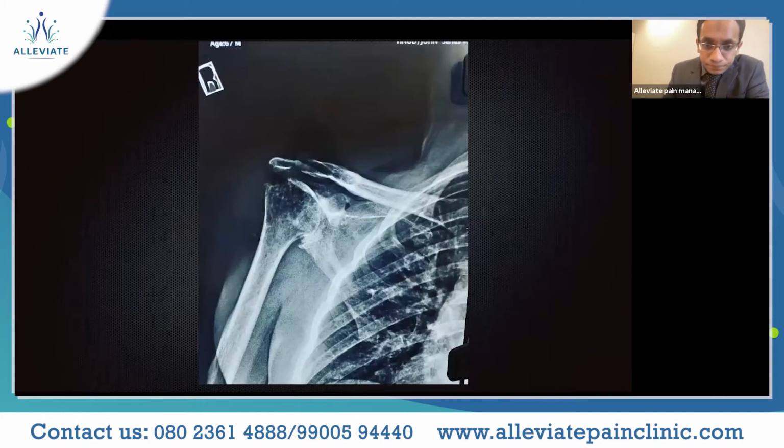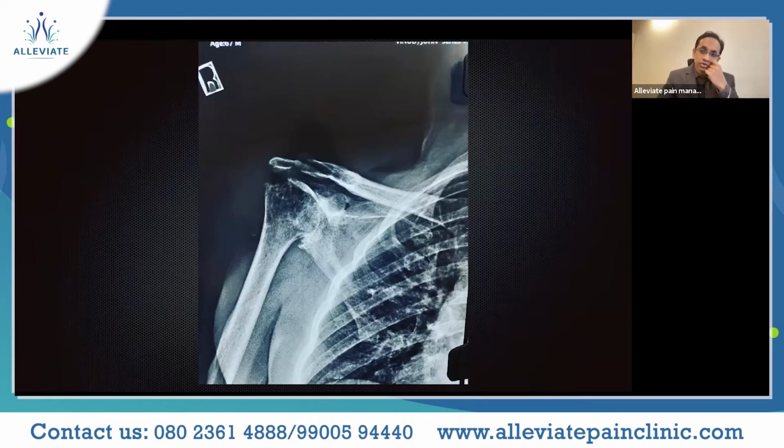Yeah, this is the arm, the humerus, the arm bone. This is the shoulder blade over here. This is the collar bone, right? And this joint is the one which is called the shoulder joint. What we need to understand over here is there is severe restriction of joint space, degeneration happening, and a lot of bone erosion as well.